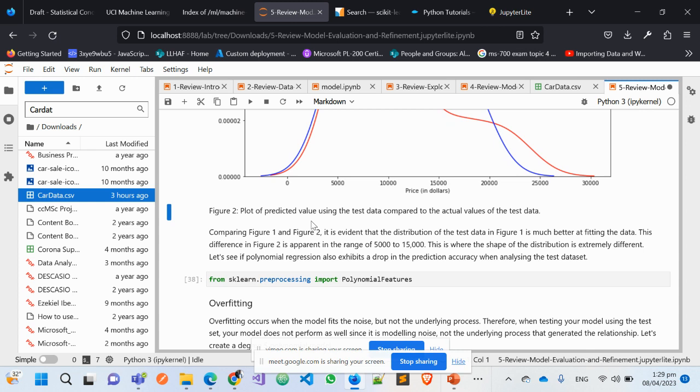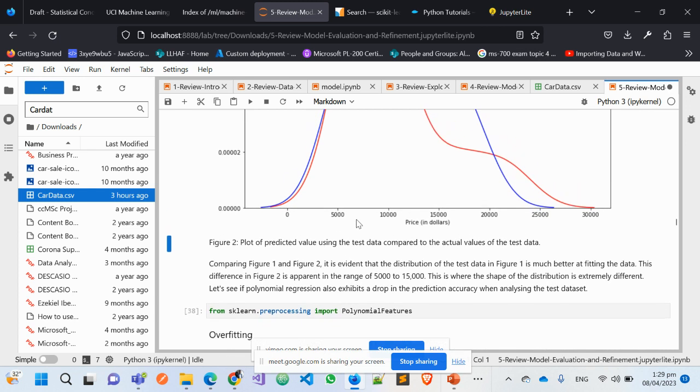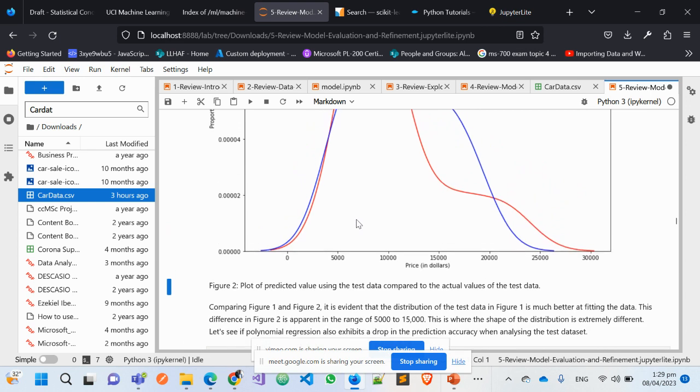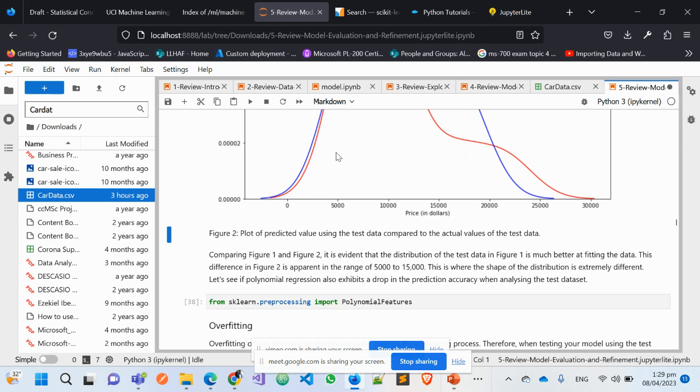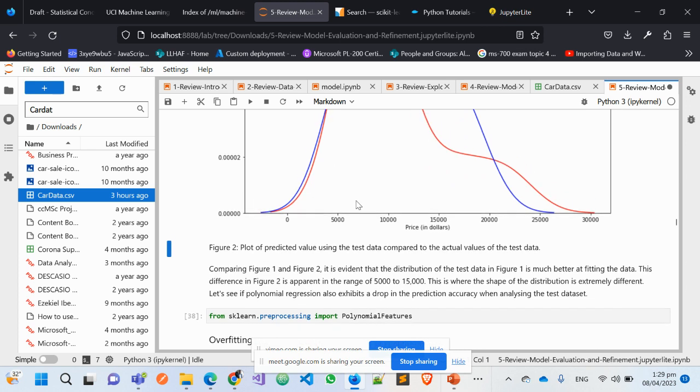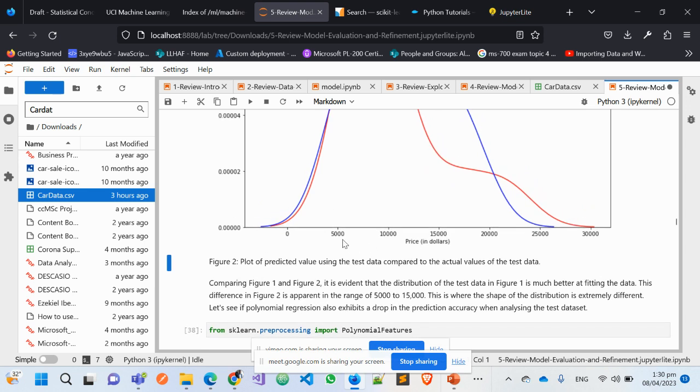Okay, so what we can pick out from it is that, comparing it, it is evident that the distribution of the test data is much better fitting the data. So this difference is apparent in the range of 5,000 here to about 15,000 here.